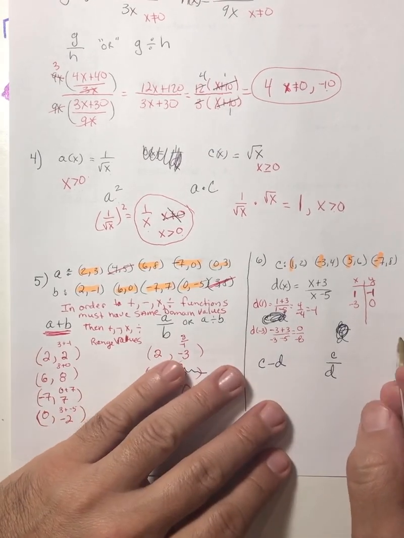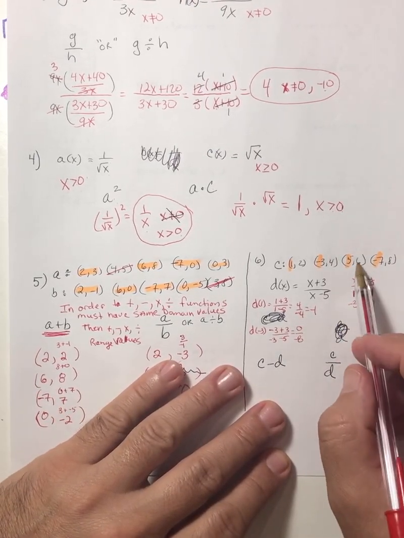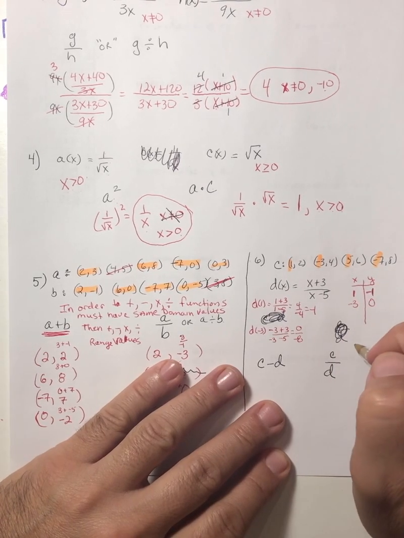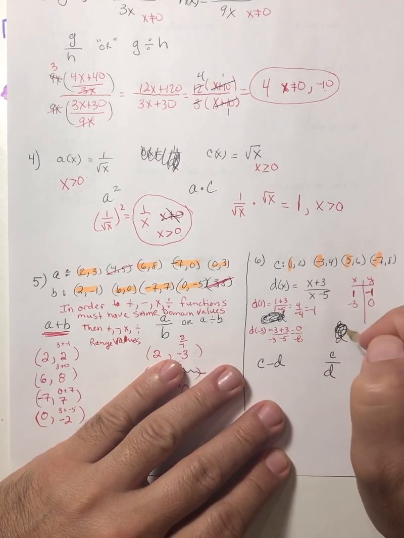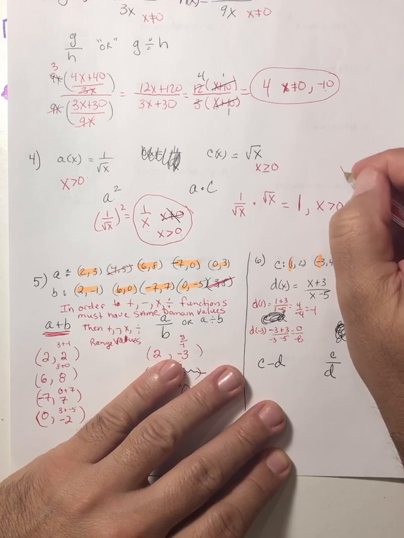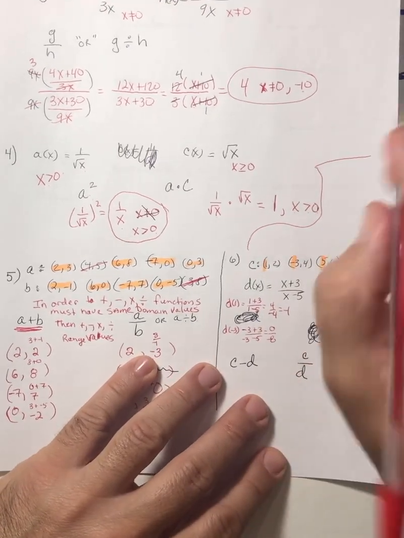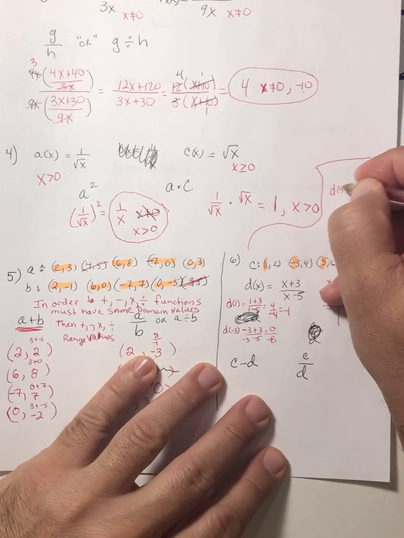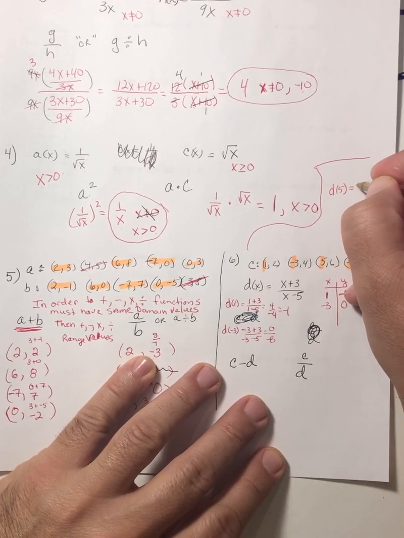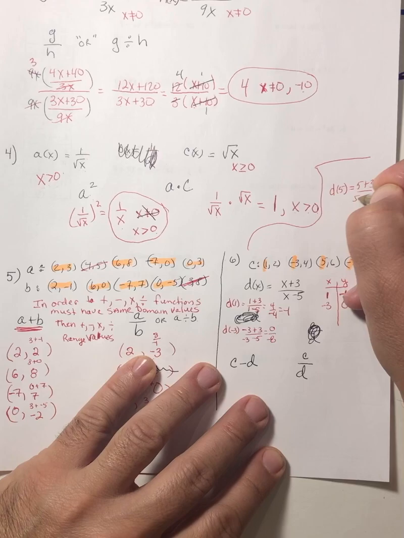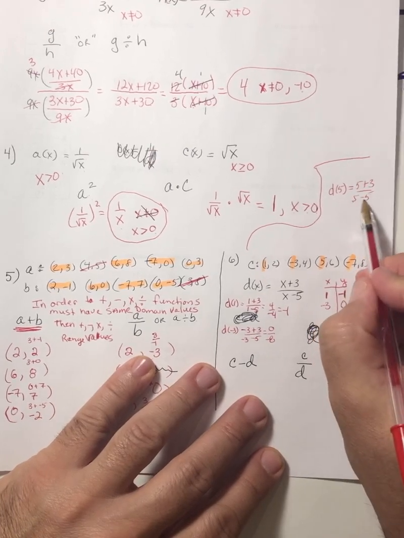I got to squeeze this in somewhere. Now I'll do 5. d of 5 is equal to 5 plus 3 over 5 minus 5. Well, wait a minute, what's 5 minus 5?